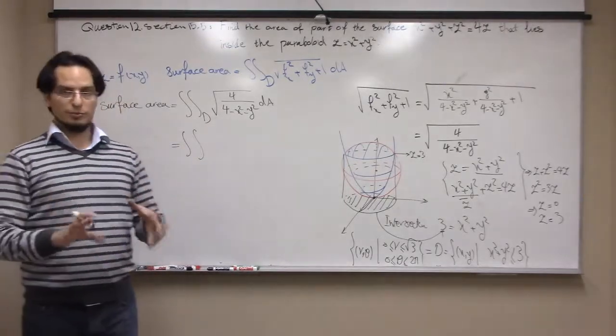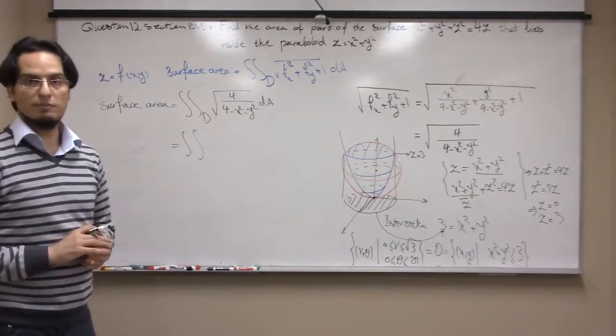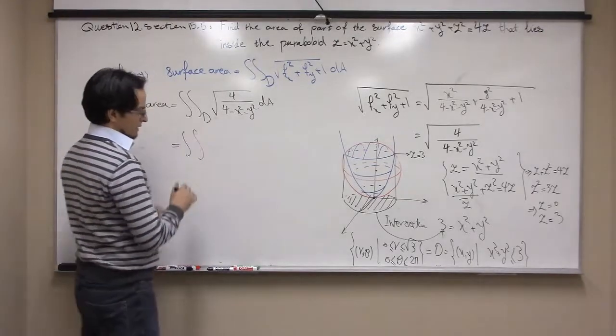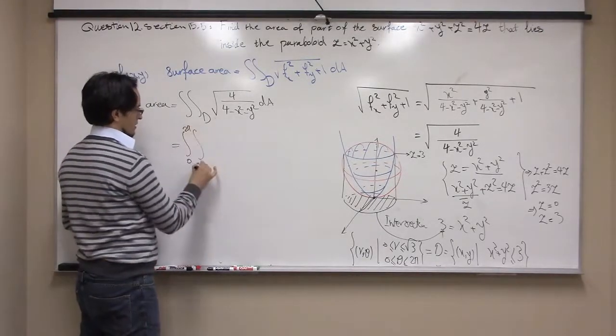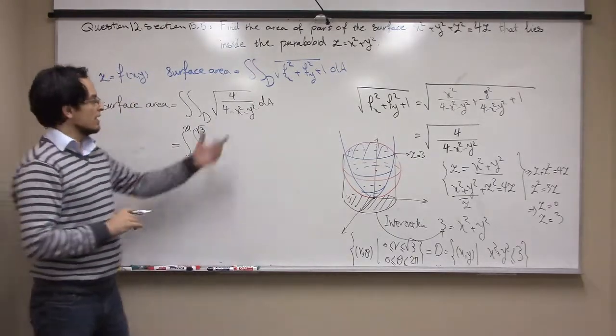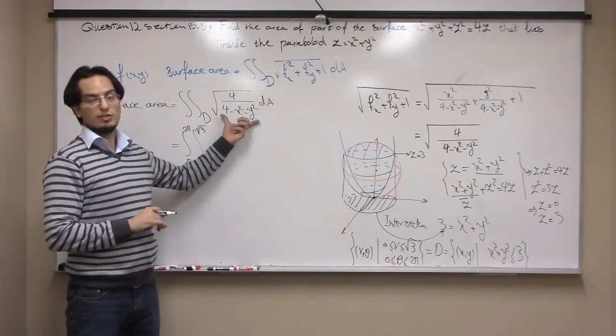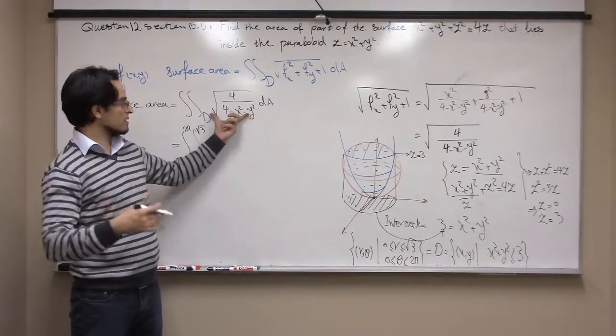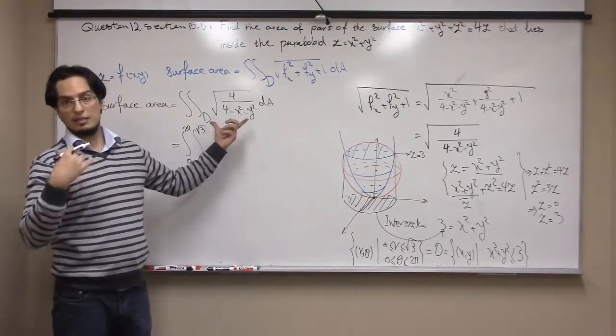Three steps to write an integral in terms of polar coordinates. Write the boundaries, change your equations, change your variables in the integrand to r and theta.